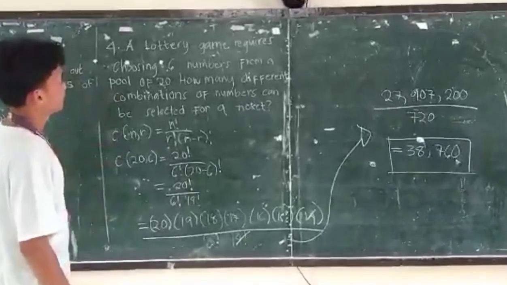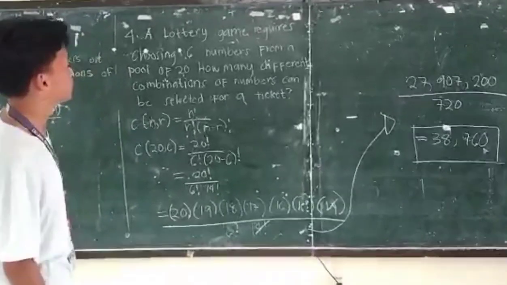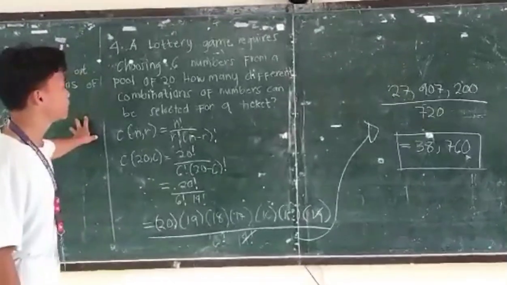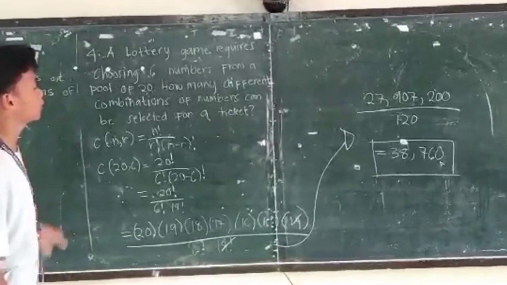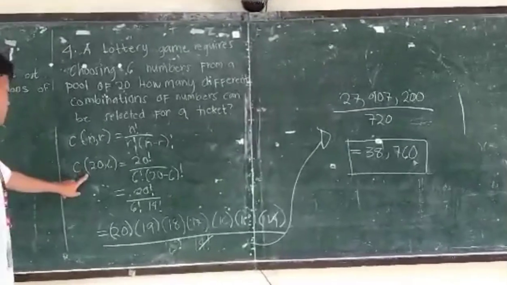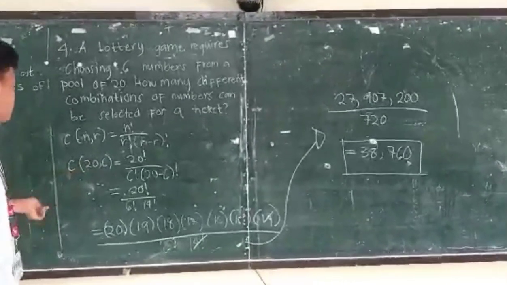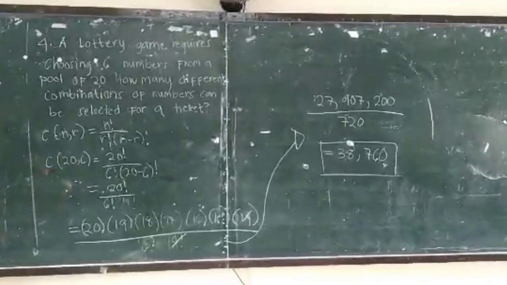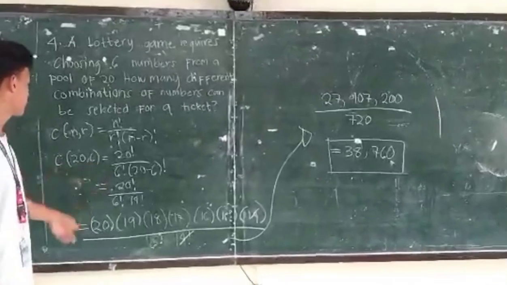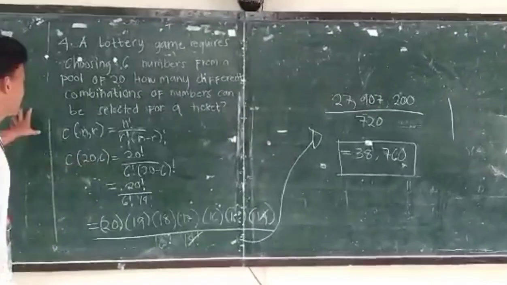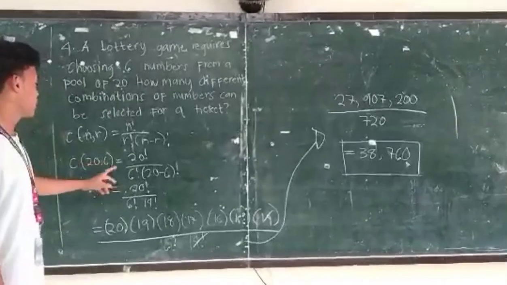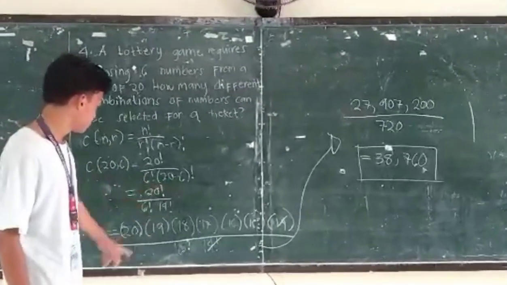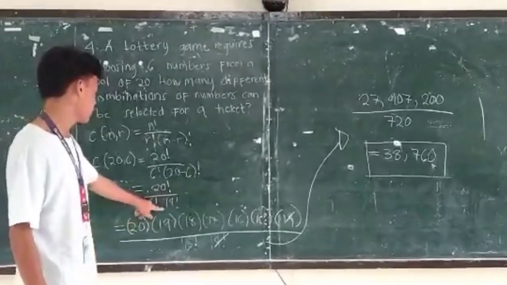Problem number 4. A lottery game requires using 6 members from a pool of 20. How many different combinations of members can be selected for a ticket? C, the n here is 20, and r is 6. C(20, 6) equals 20 factorial over 6 factorial times (20 minus 6) factorial, 20 minus 6 equals 14.